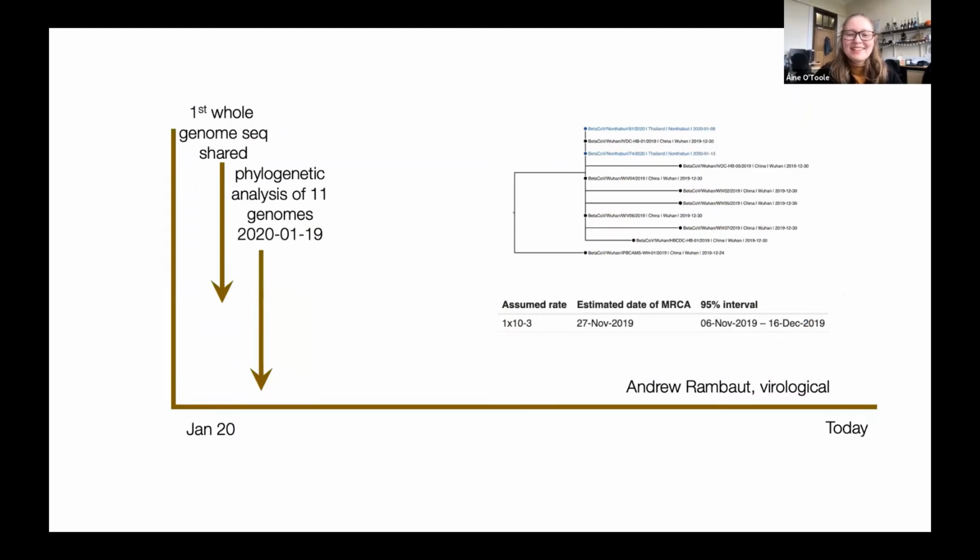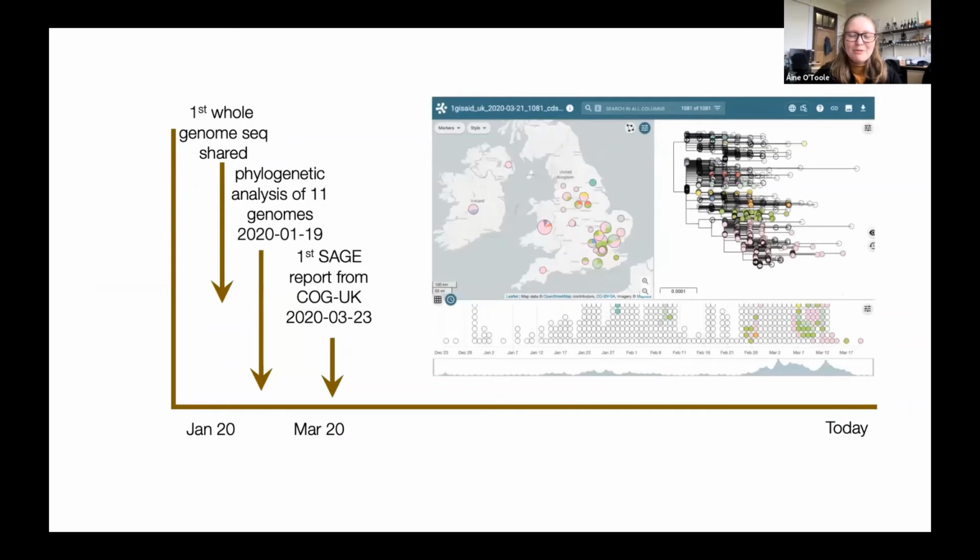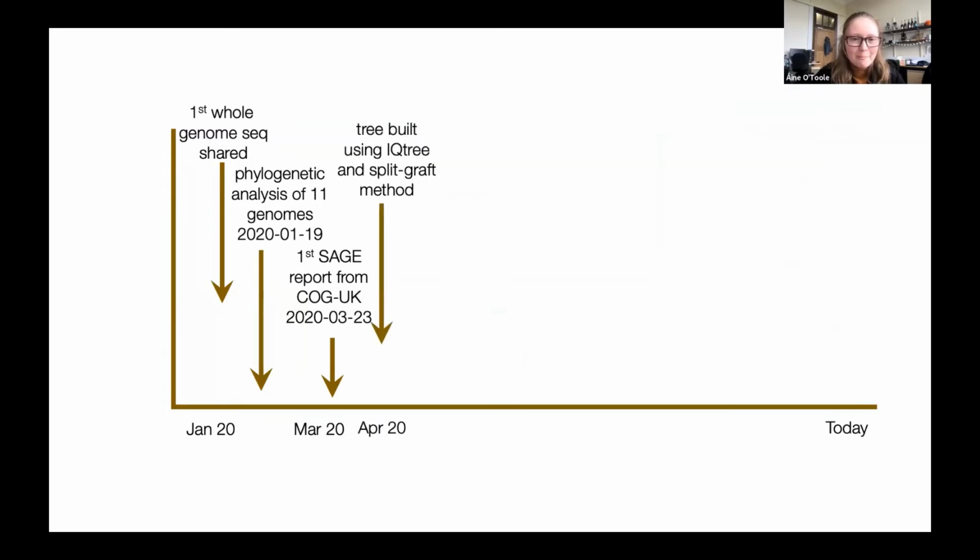The first phylogenetic analysis of SARS-CoV-2 involved 11 genomes, and that was back in January. But by the time of the first SAGE report, 12 days after the start of COG-UK, there were nearly 1,000 global sequences. And this here shows a screenshot from that report of the Microreact rendition of the tree.